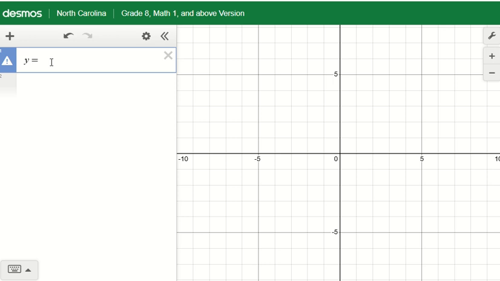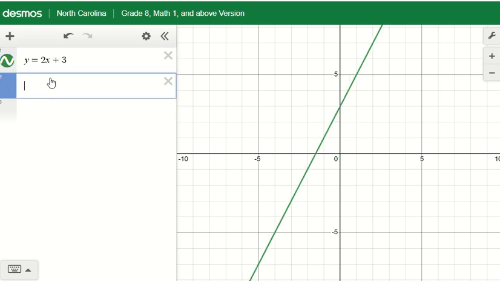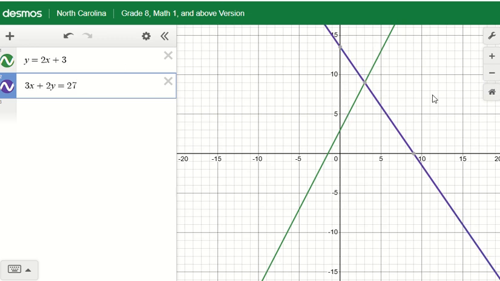You had y equals 2x plus 3, and we got 3x plus 2y equals 27. All right. Y'all, you can tell they're crossing somewhere up here on my screen. Worst case, you hit the little minus and zoom out a little bit, right? Sometimes you got to do this, especially when we do problems with a higher number.